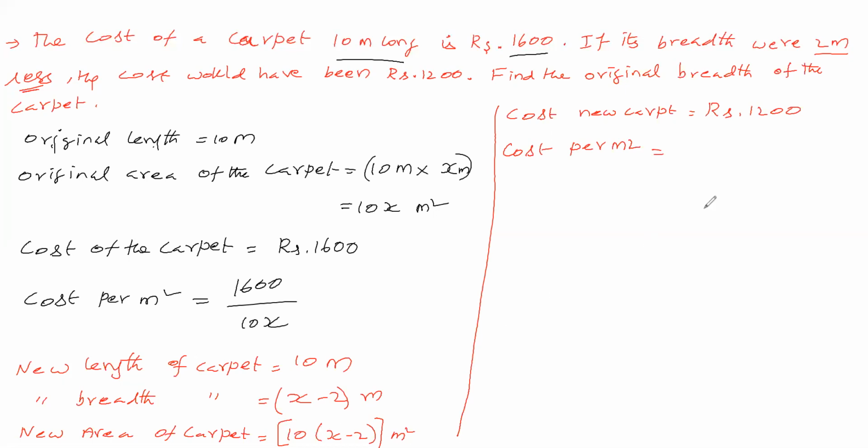Cost of the new carpet, after doing the changes, is 1200. For this much area, the cost is 1200. So for 1 meter square, the cost is 1200 by 10 into (x minus 2).